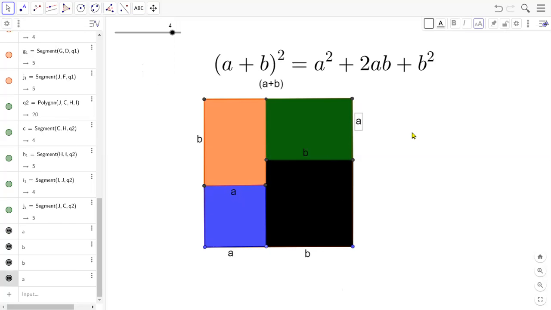Here we have calculated all the measurements of the sides of these four polygons.